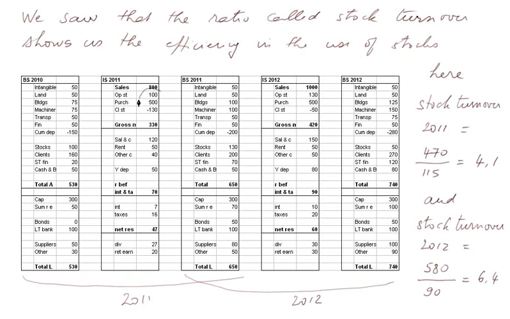The COGS are 100 and 500, 600 minus 130, that's 470, divided by the average stock figure, which is 115. So that's 470 divided by 115, that's 4.1, that's the stock turnover this year.